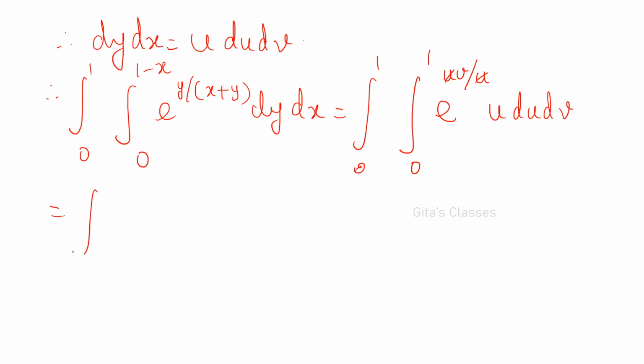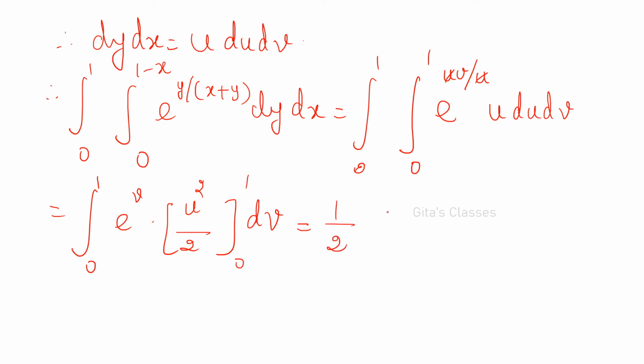So this is equal to integral 0 to 1 e power v, we will write as it is. And now let us integrate with respect to u. So u squared by 2 from 0 to 1 into du we have done, so dv. Now when you substitute u is equal to 1, you will be getting 1 by 2. Let us take it outside.